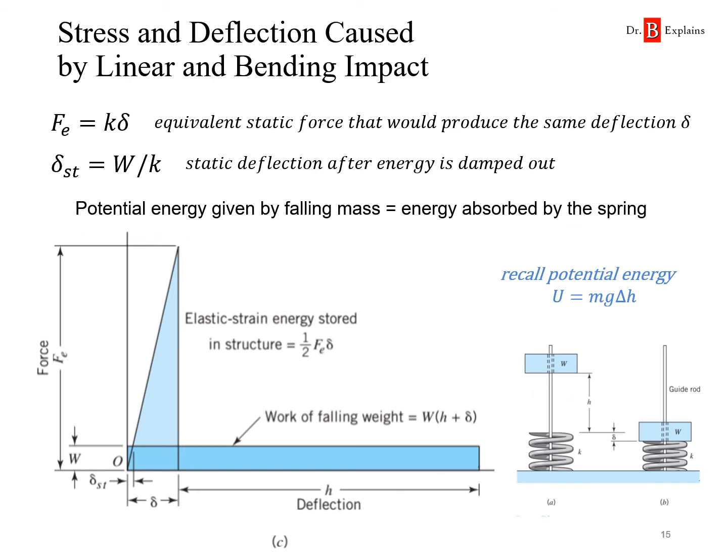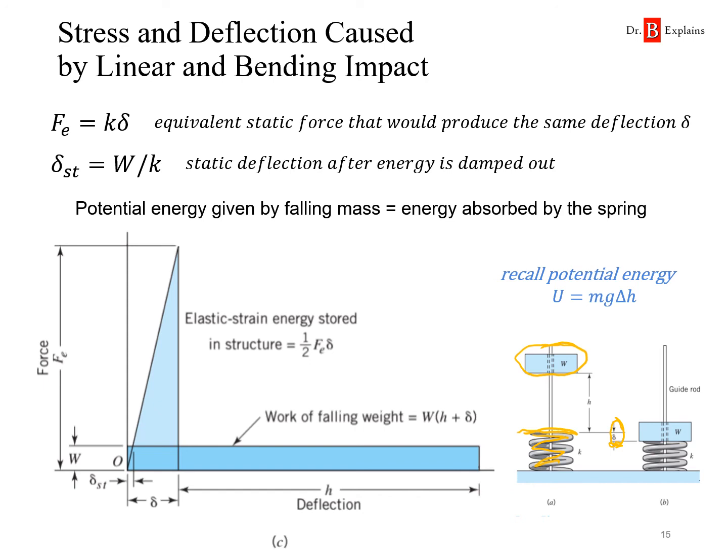So again, what we have is a mass here of weight W that is going to directly impact a structure, in this case the spring. When it does, the spring is going to deflect by a delta amount.